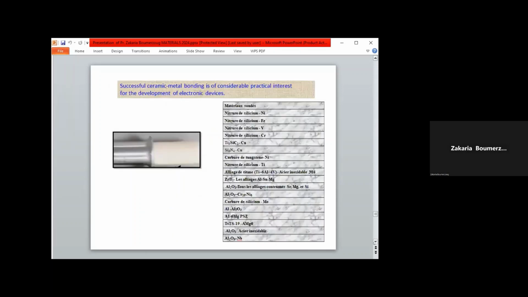This table shows us the list of different dissimilar materials, meaning between ceramic and metal, like silicon nitride with nickel, with iron, with vanadium, and the rest of the dissimilar materials.